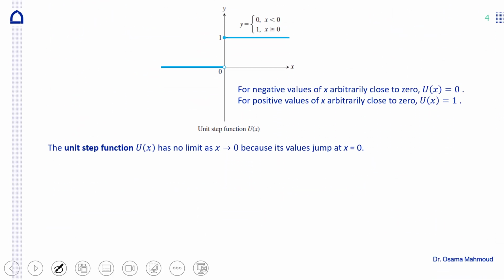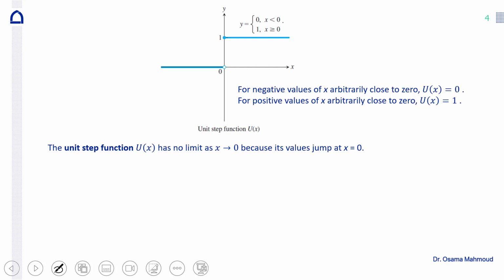This one is a very important function. They call it the stepwise function, and sometimes they call it the Heaviside function. This function, at a specific point, which here is x equal to 0, has a different shape to the right of x equal to 0 and another shape to the left of 0.